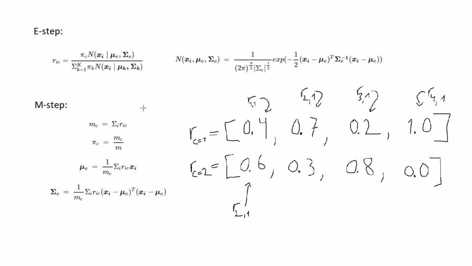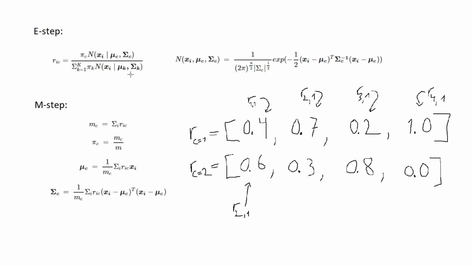So we plug in the term x1 into this function. We divide it by this sum. It's going to be the same sum for all of the cluster evaluations up here for x1. So we get a value out here, 0.4 for example, and we will plug in x1 again, but with the other cluster that we also have the parameters for, or the other Gaussian, let's say.